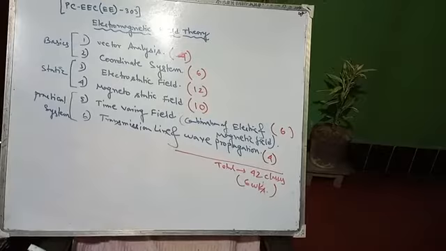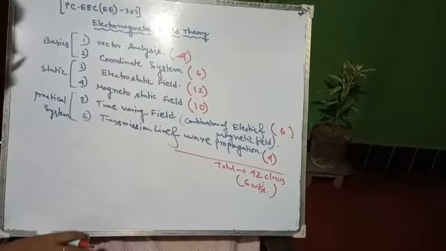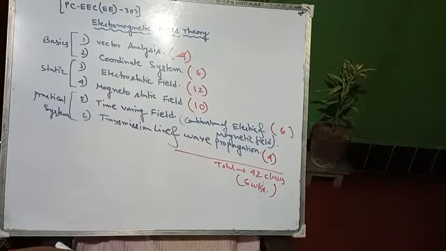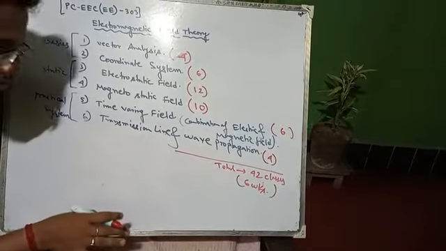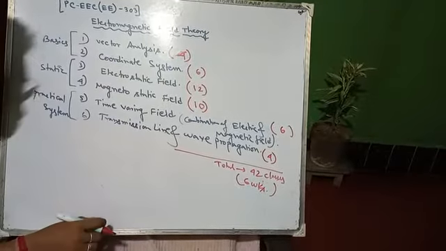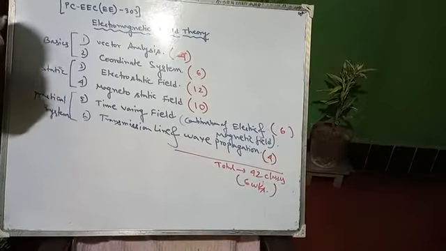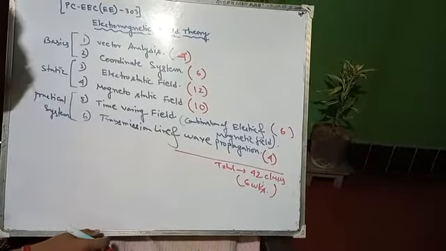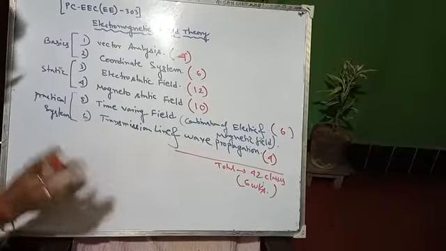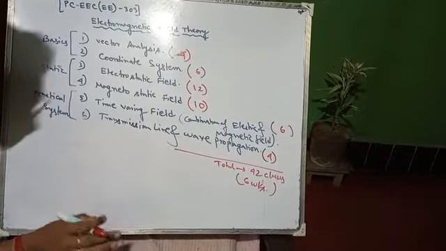So 6 weeks are required. But now in this pandemic situation, we are studying on an online basis. So I think some extra classes are required to complete these 42. Because every module has some numericals, so we have to solve the numericals.